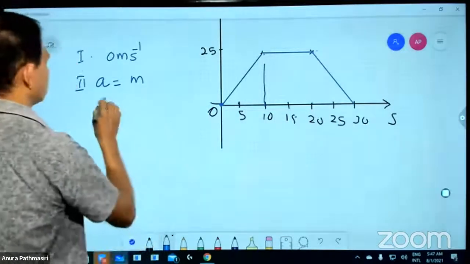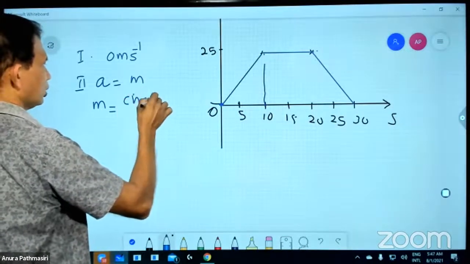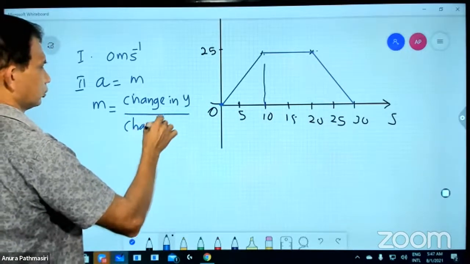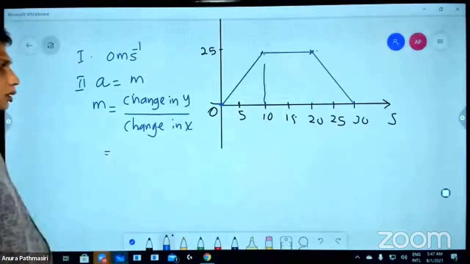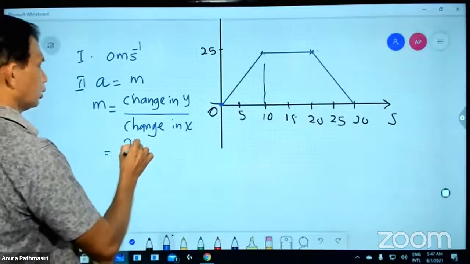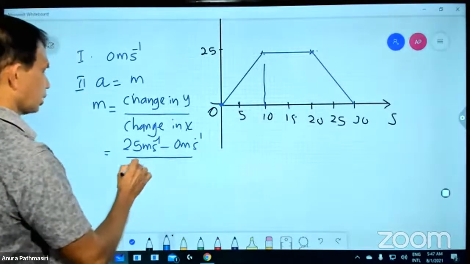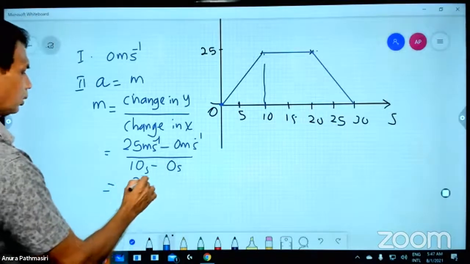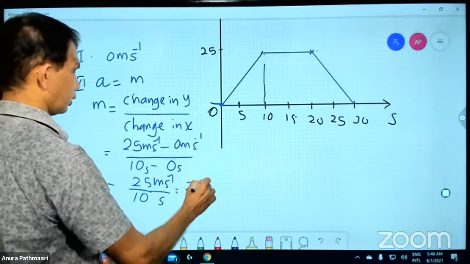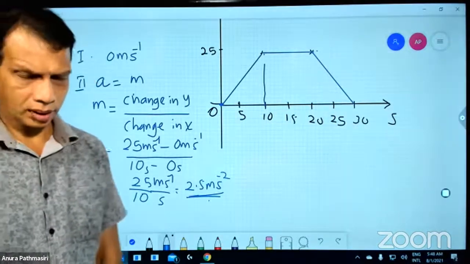Don't write acceleration equals change in velocity divided by change in time, because this is a graph. So 25 meters per second minus 0 meters per second, upon 10 seconds minus 0 seconds. 25 upon 10 equals 2.5 meters per second squared.